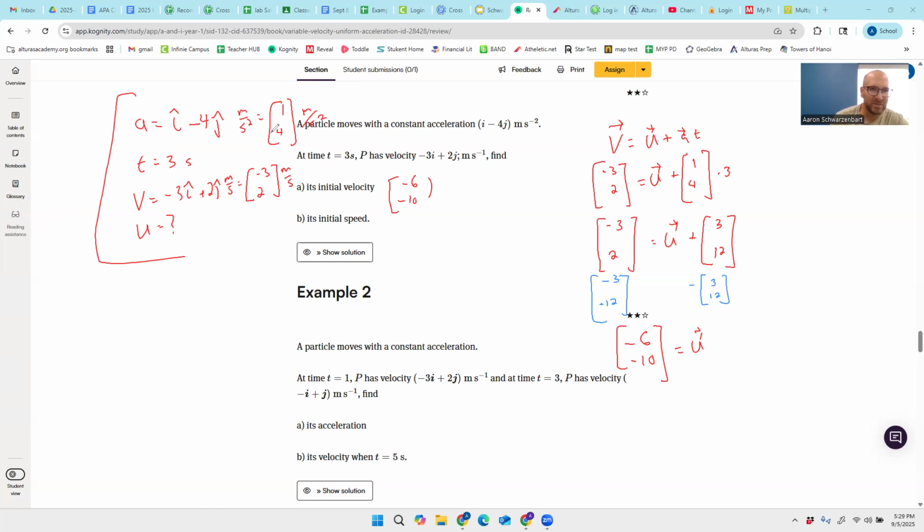It needs to be a minus, which makes this a negative, this a negative, that a negative, this a negative, that a positive, and it changes. Now I've got 2 plus 12 equals 14. So my velocity vector is this. I should probably give it in the original notation.